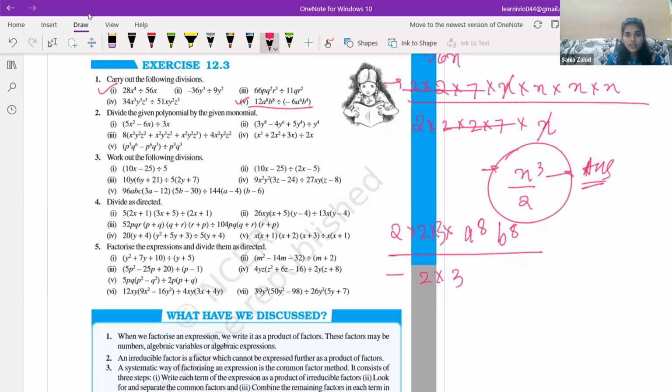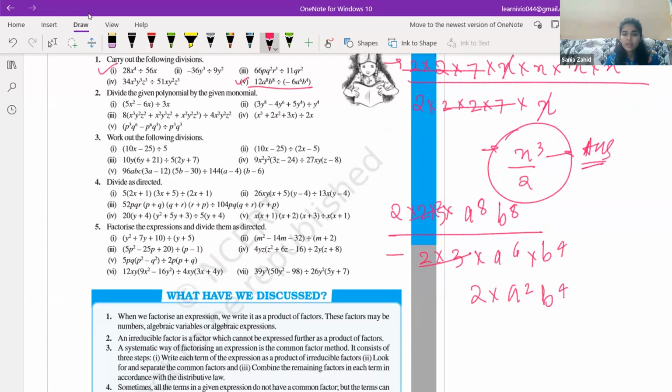You can cancel 2 into 3 and 2 into 3. You get a to the power 8 and a to the power 6, and when you subtract, you get a to the power 2, and b to the power 4. Don't forget to put the negative sign, because there's a negative sign in the denominator, so the answer will also have a negative sign. So you have minus 2a square b to the power 4.